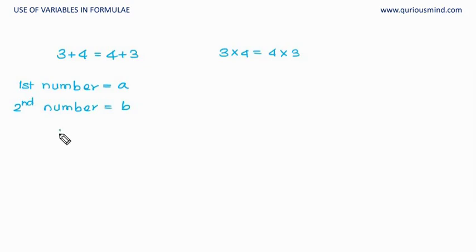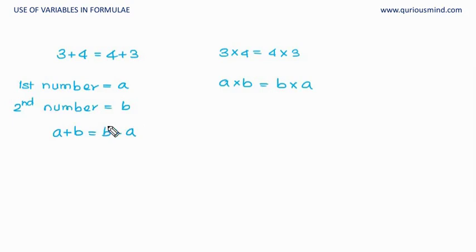So A plus B is equal to this second number B plus the first number A. And this is our commutative rule for addition. Similar way here, it will be A into B is equal to B into A. So we can represent our commutative property using variables.